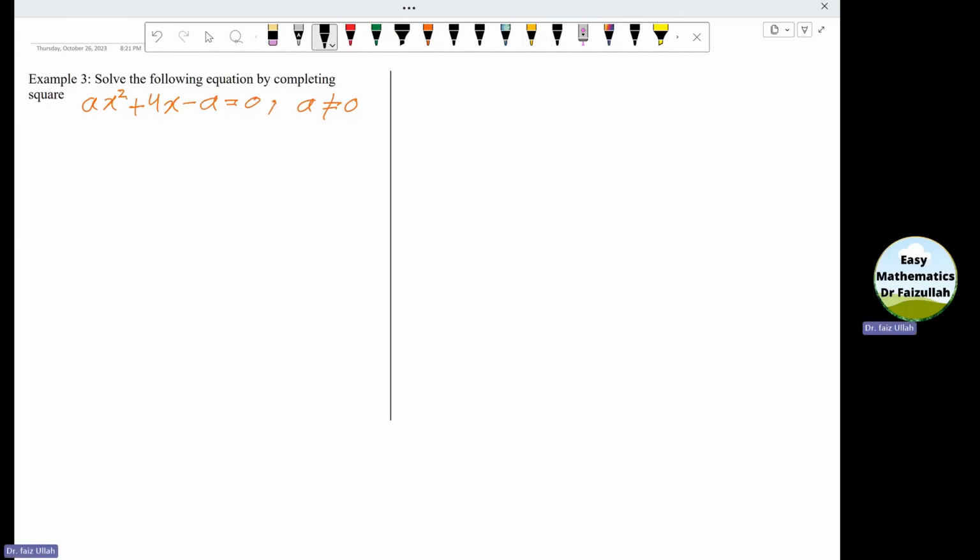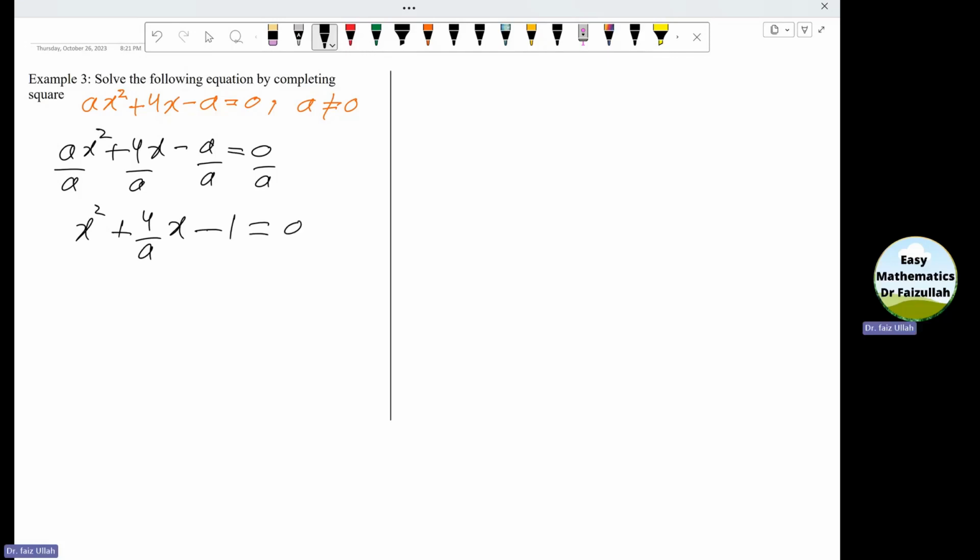To solve example number 3, we use the same procedure. We divide each term by a so that the coefficient of x square must be equal to 1. So we have x square plus 4 divided by a x minus 1 is equal to 0.